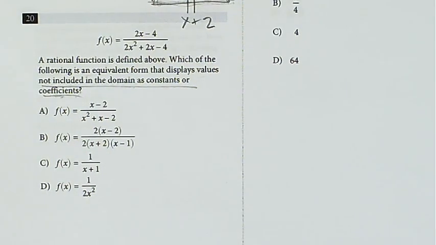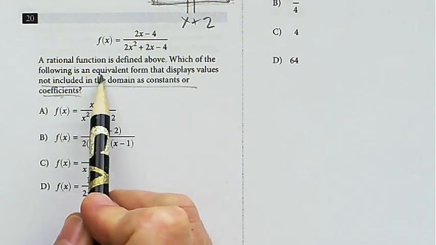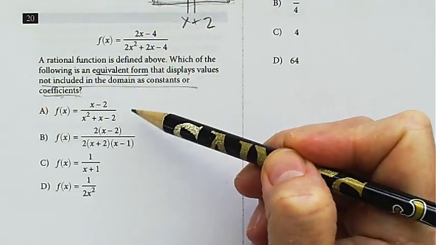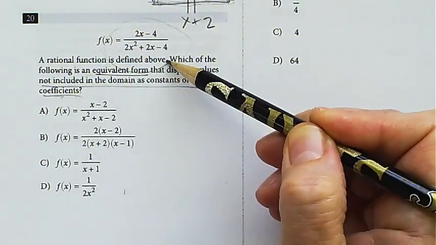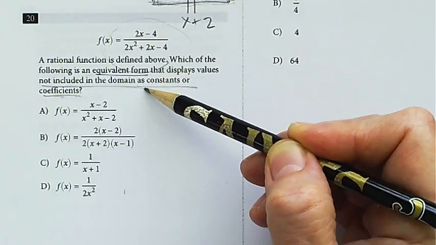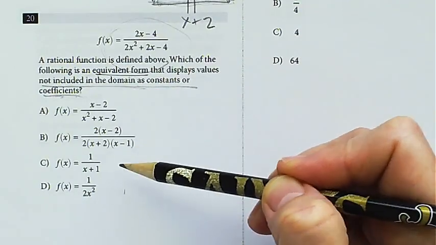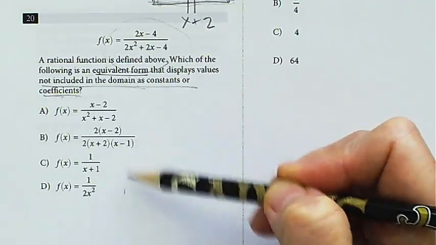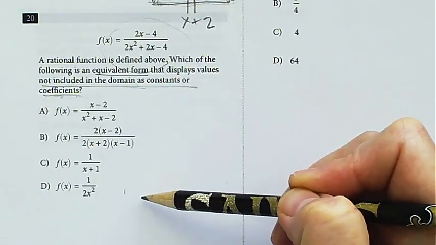So let's say you see a problem like this. You know you're trying to figure out the equivalent form. You're trying to find out which one of these is the same as this. Now this little part here might be confusing, so I'll clarify that. But you can quickly figure out some choices that are not going to work here.